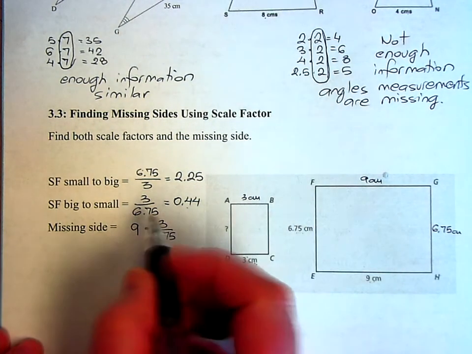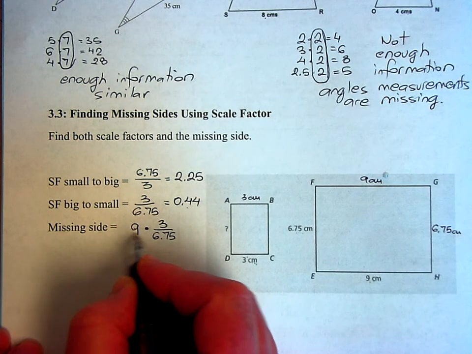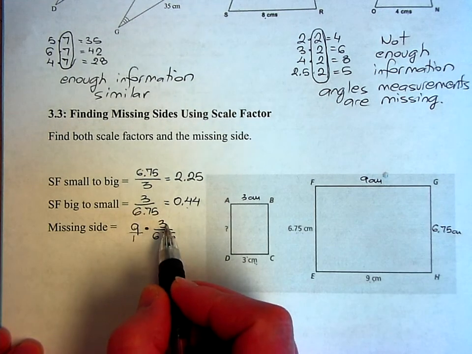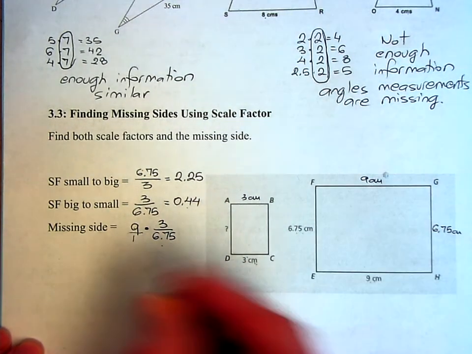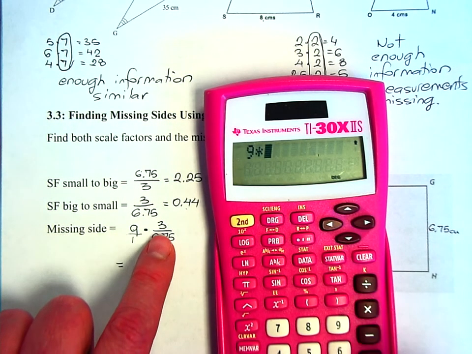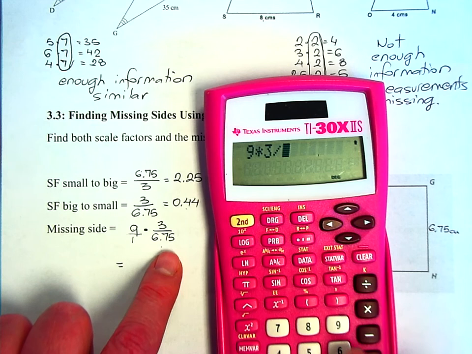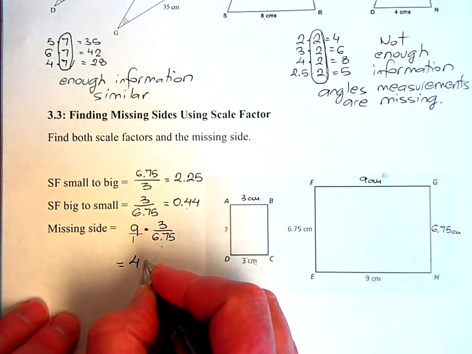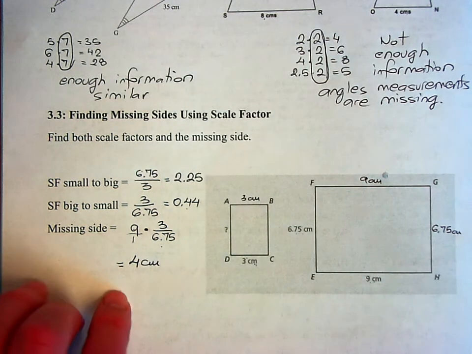To multiply that, I simply multiply 9 by 3 and divide by 6.75. I'm just putting that into the calculator: 9 times 3 and then divide by 6.75. This will be the exact answer, which is equal to 4 centimeters. So that's my answer.